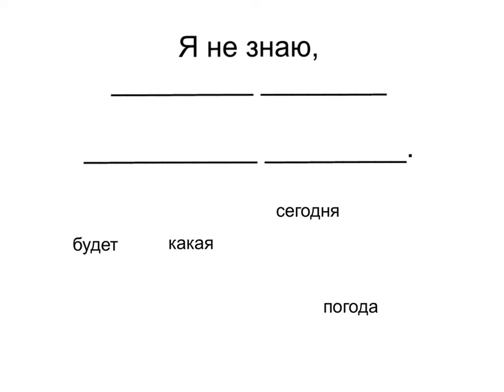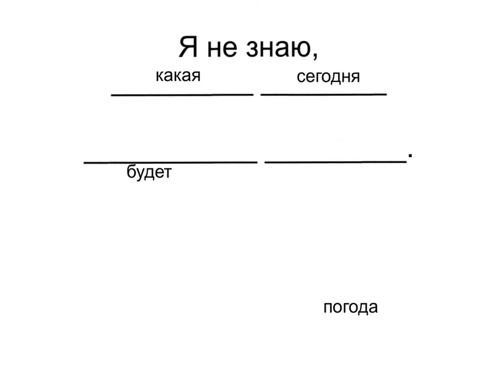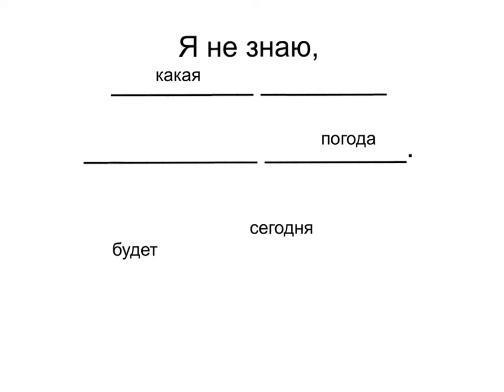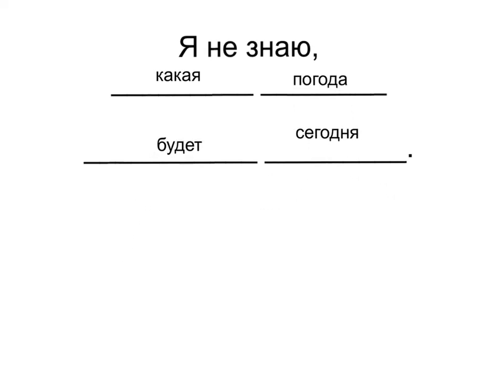Какая, in this case, is the question word. So, я не знаю, какая сегодня будет погода. I don't know what the weather will be like today. And again, the word order here is relatively flexible. Я не знаю, какая погода будет сегодня. But the important thing is to put the какая, the question word, right after the comma.